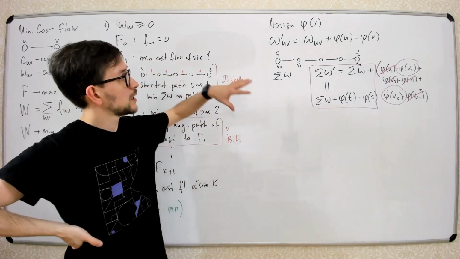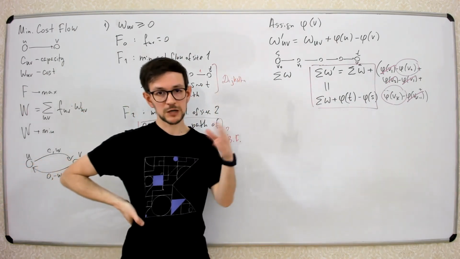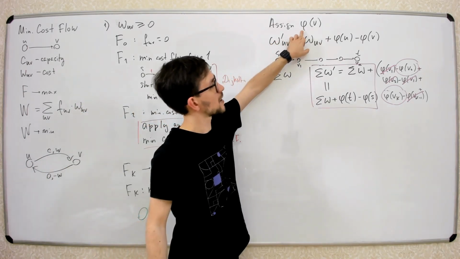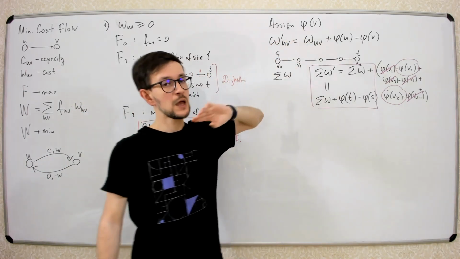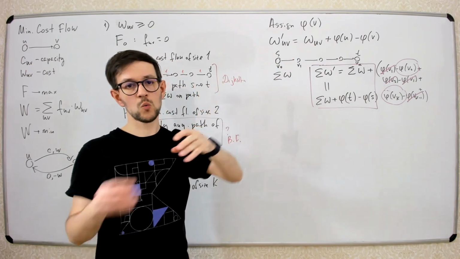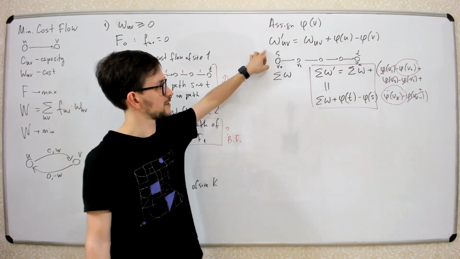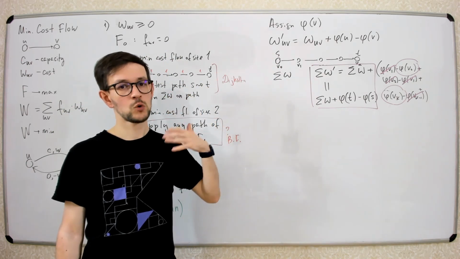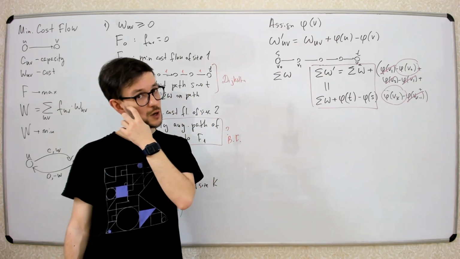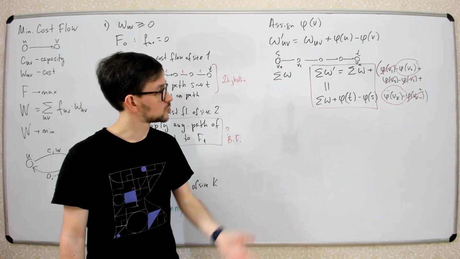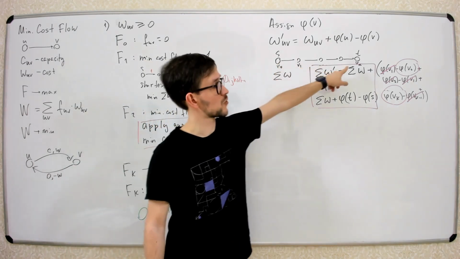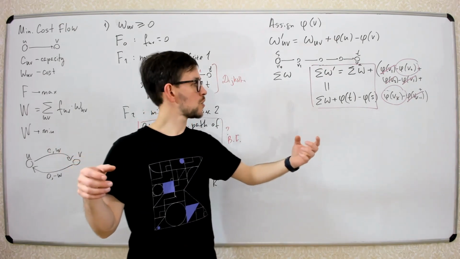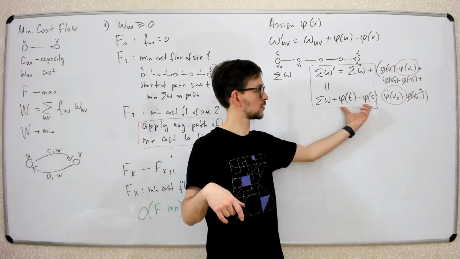So again, if you assign some potential function to all the nodes, just take any numbers here, and then modify the cost of all edges like this, then the shortest path will still be the shortest path. Why is it true? Because if we take any path from S to T, the cost of this path will be changed by this value.